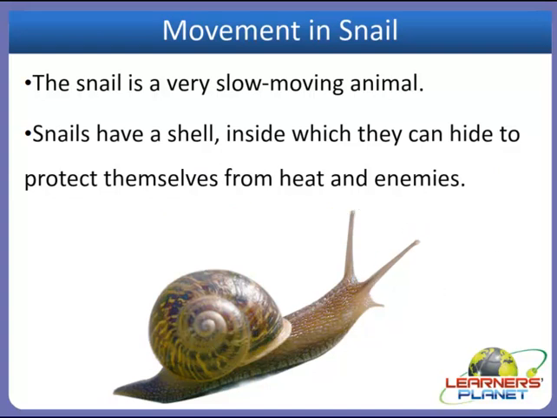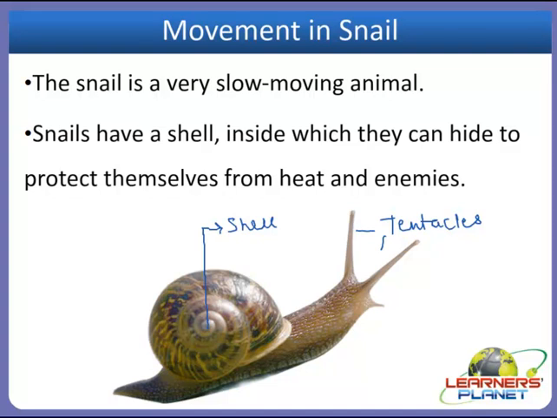So here is what you can see. This is the shell. Shell protects the snail from heat and enemies. And here you can see that these are their tentacles. So these tentacles have eyes on their tips.